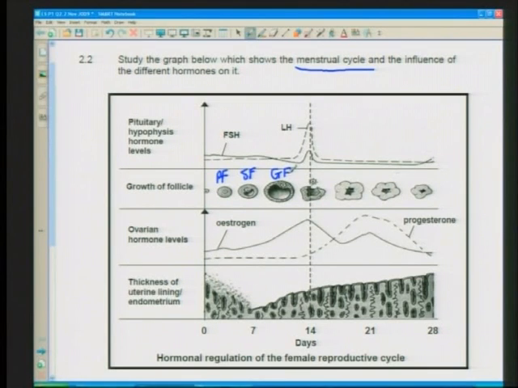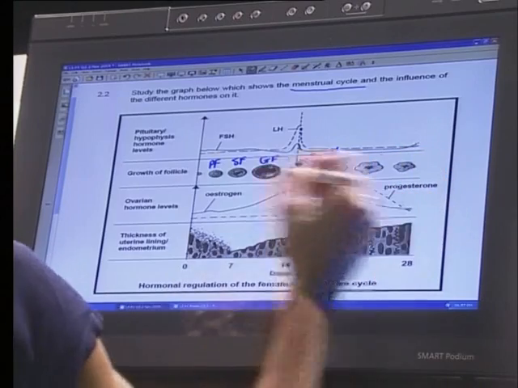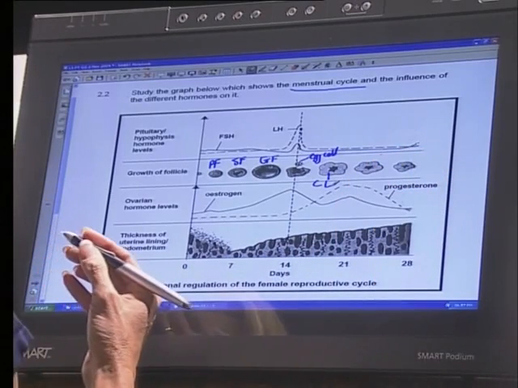That's when it's ready. Here the Graafian follicle bursts and your little egg cell is released. And then it forms the corpus luteum. When pregnancy is not taking place and there has been no fertilization, the corpus luteum is going to degenerate.